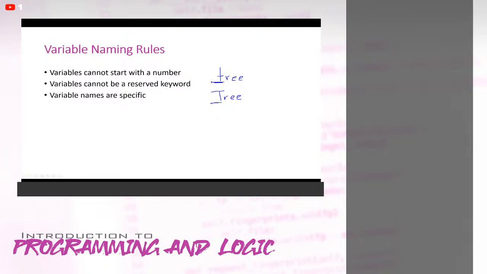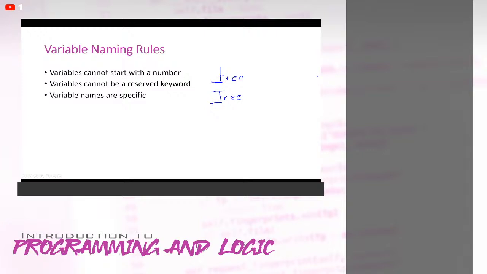So this is just going to say that whenever you name a variable, that specific name that you used with the specific punctuation, the specific capitalization, if any, is going to be the standard for whenever you reference that variable later on in the program.